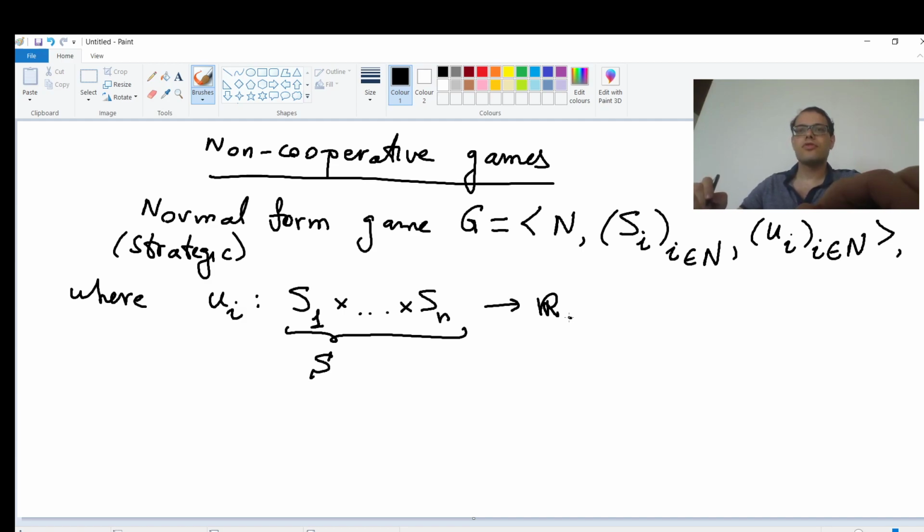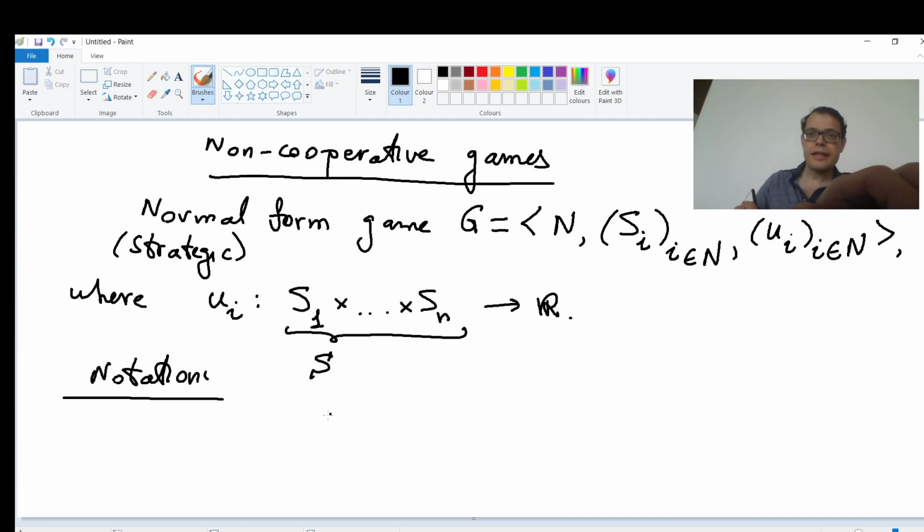Now a little bit of notation. We denote the product of a subset of the strategy sets. So let's say we look only at the strategies of players for some set Y in the set of players.